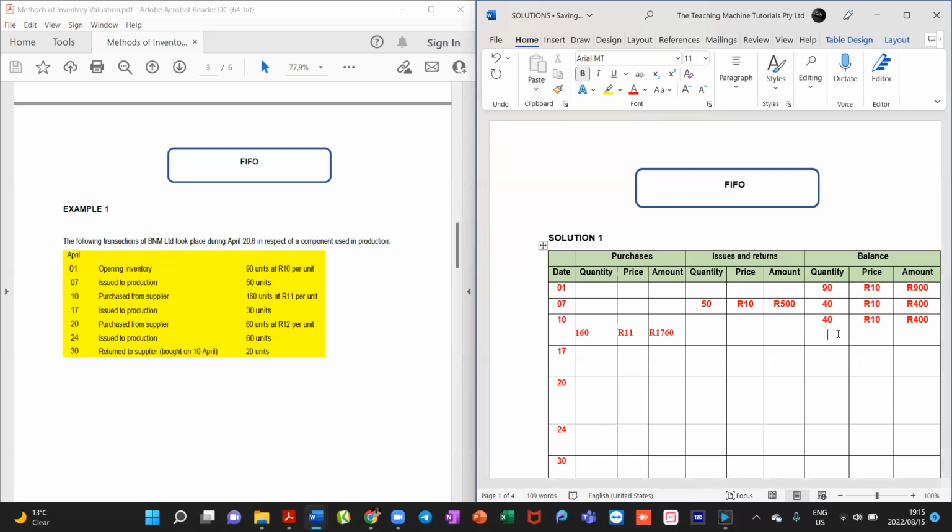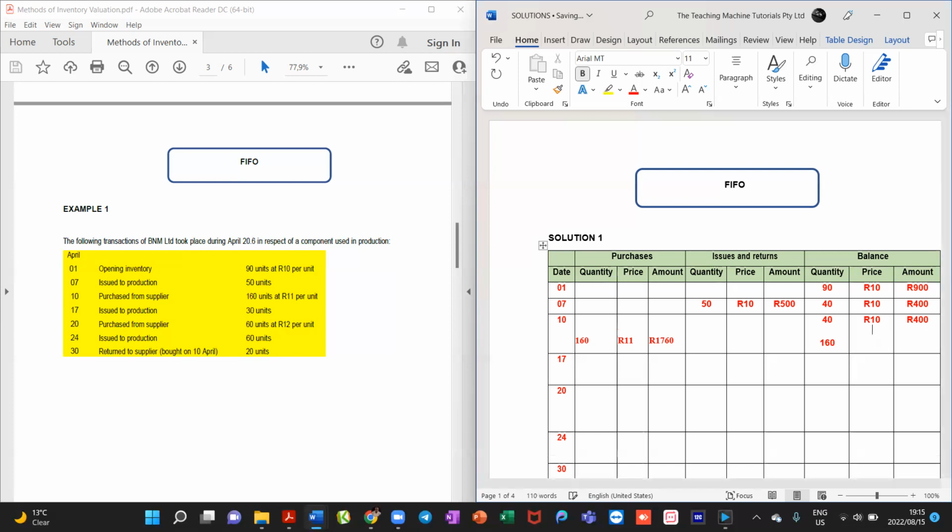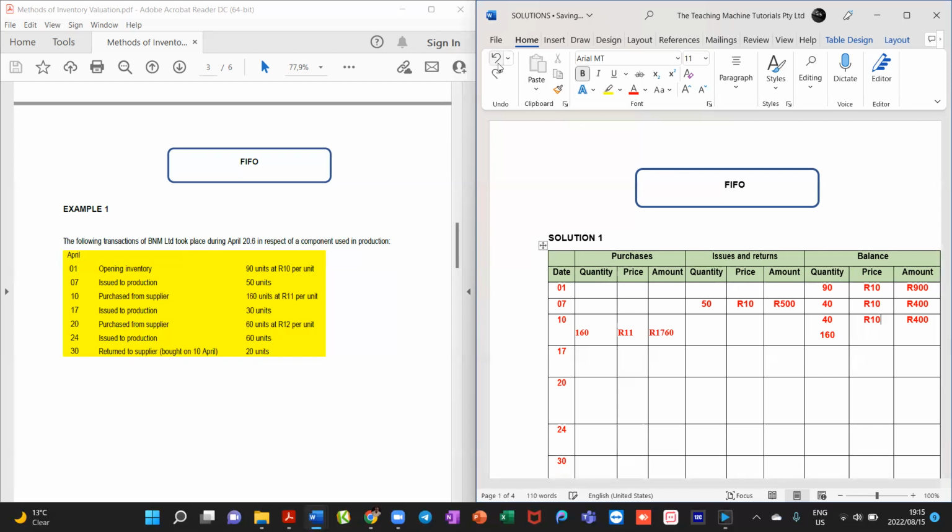And then we bought 160 units and the price per unit is 11 rand. And then the total amount is 1,760. All right. Please ask if you have any question.